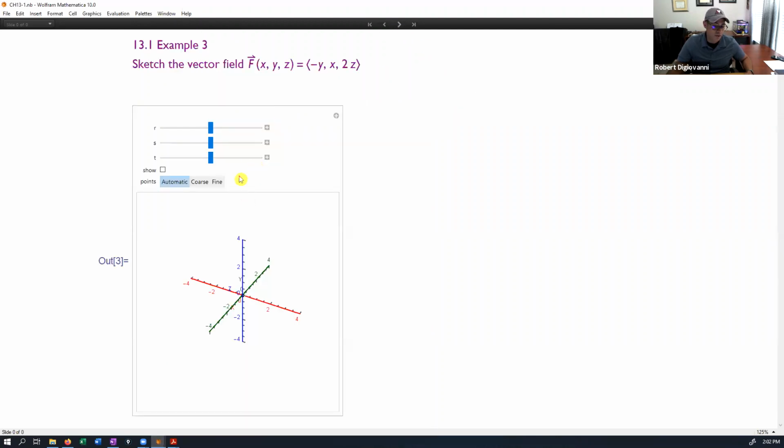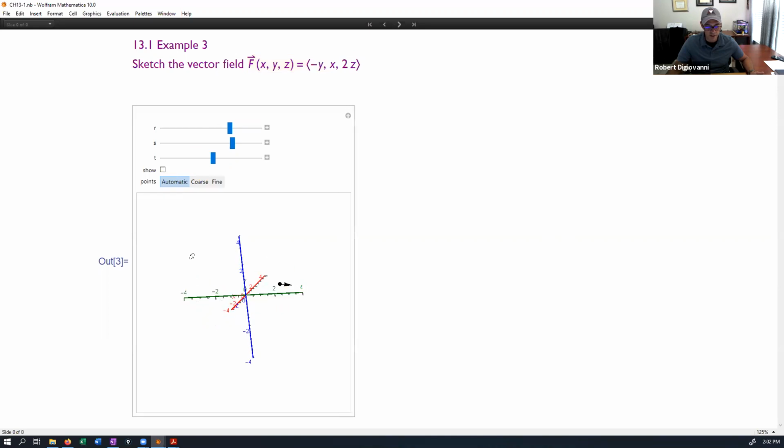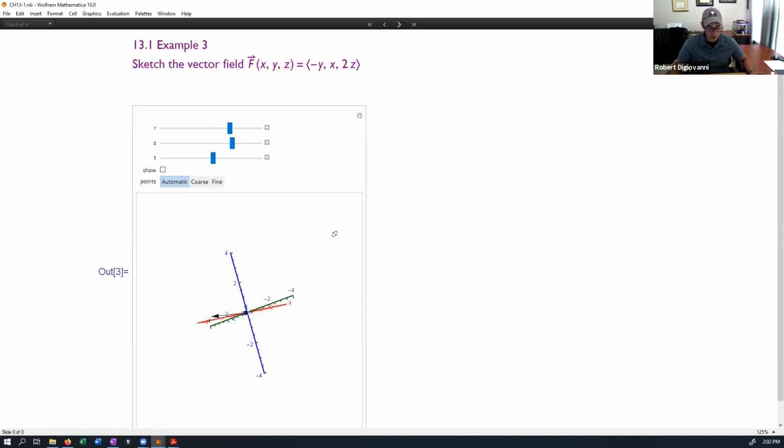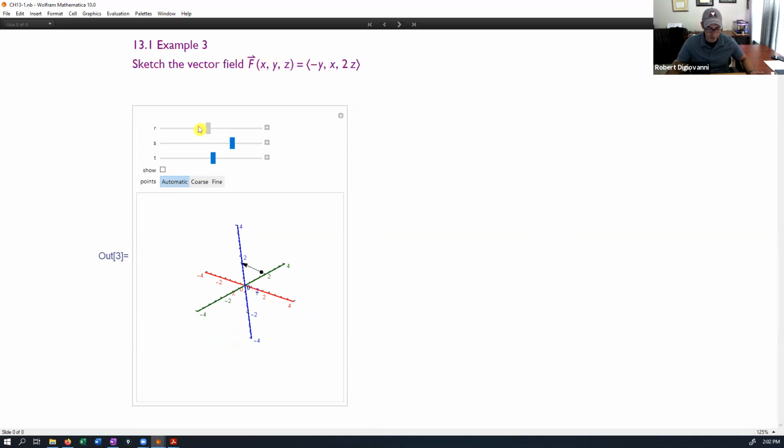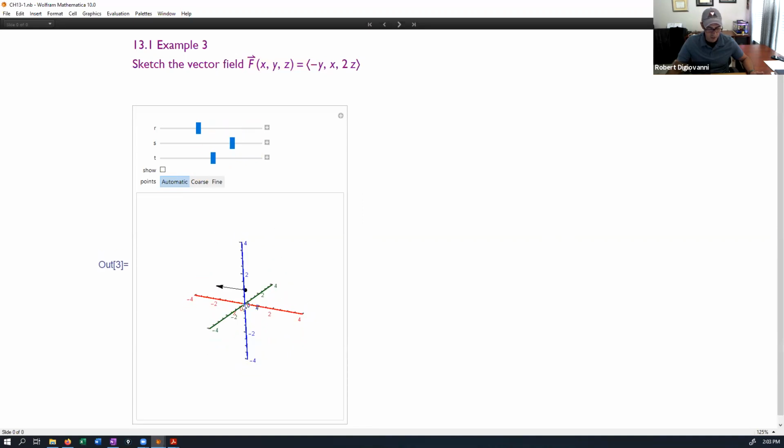It's very difficult to graph a vector field in three-dimensional space. Here's a specific example of one. I'm not going to start picking points. I'm just going to show you what it looks like. Let me move the vector around here just so you can see. I'm changing the x, y, and z of this vector and seeing that, for every position, the vector is changing.